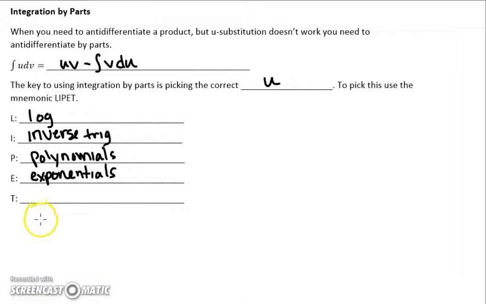And finally, if there are no logs, inverse trig, polynomials, or exponentials, we look for just regular trig functions. The one that's going to happen most is polynomials, and don't forget things like x or 3x are polynomials. It doesn't have to have multiple terms; something like x is a polynomial.